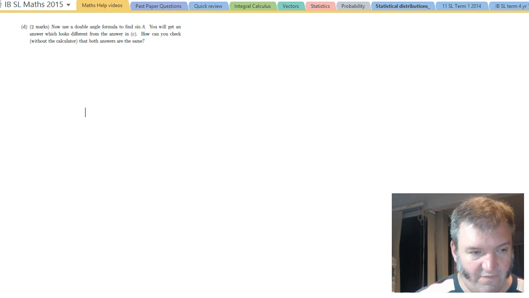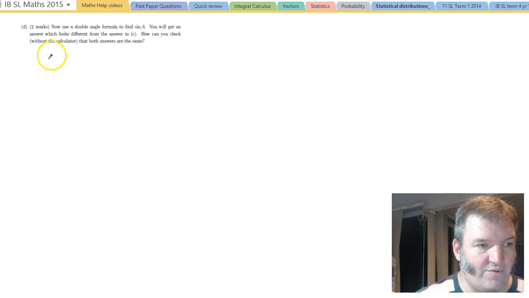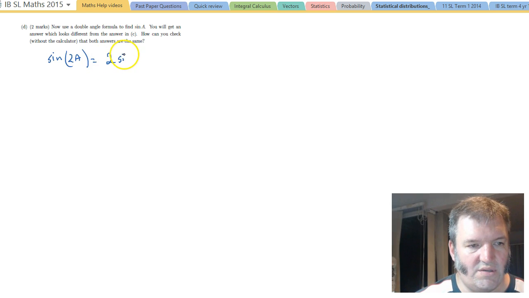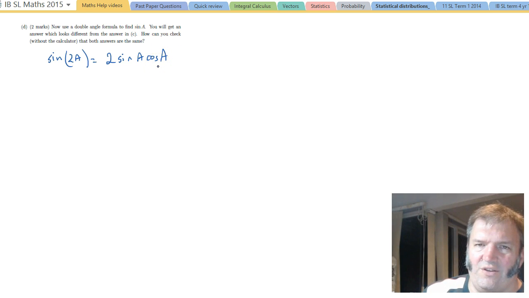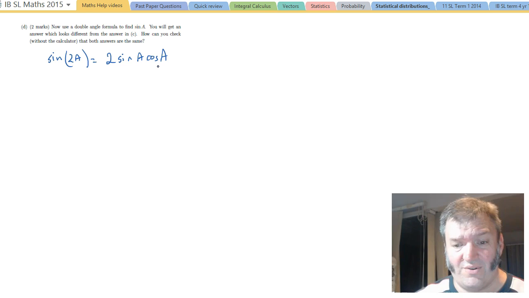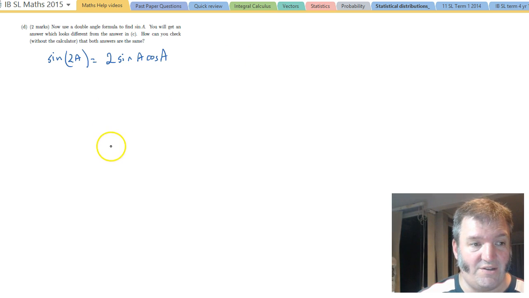I should be using the one for sine 2A, and of course sine of 2A is equal to 2 sine A cosine A, and although we could prove that, let's not get into that now. It's something that you'd probably be given on a formula sheet or just expected to learn, so we've got to learn it. Let's just go with it.